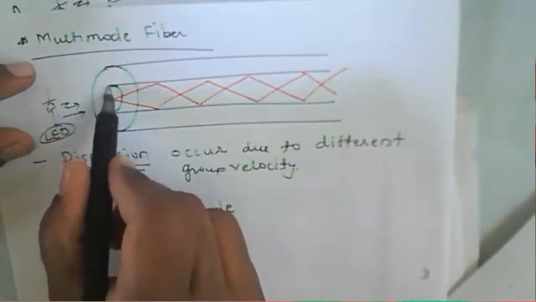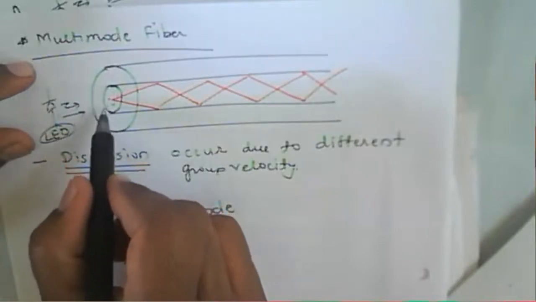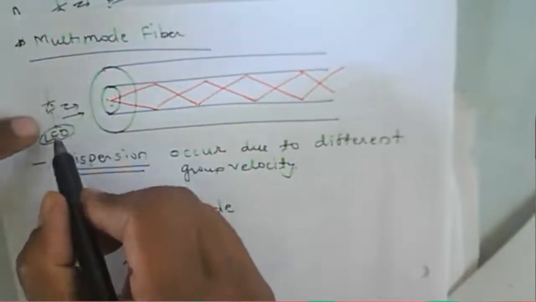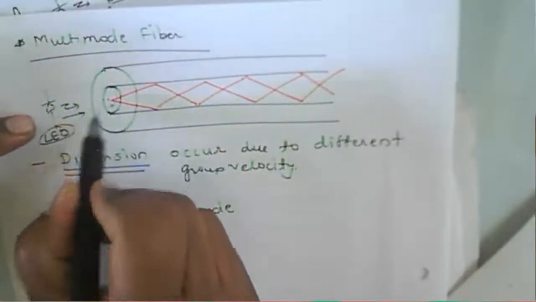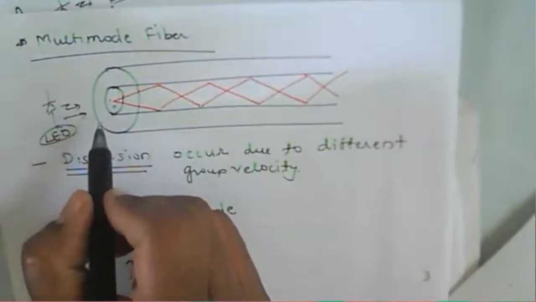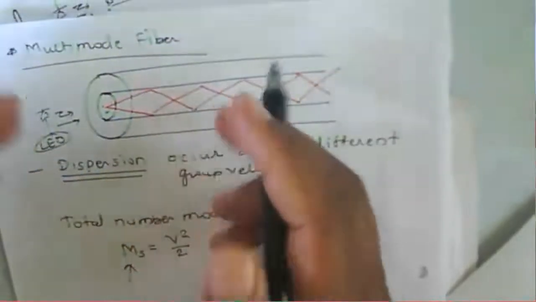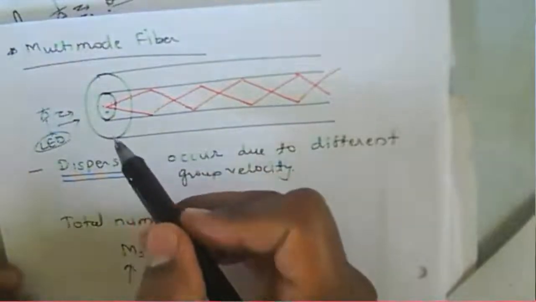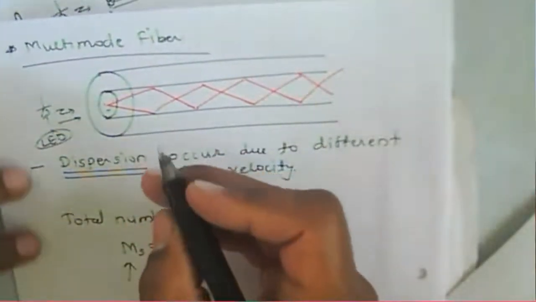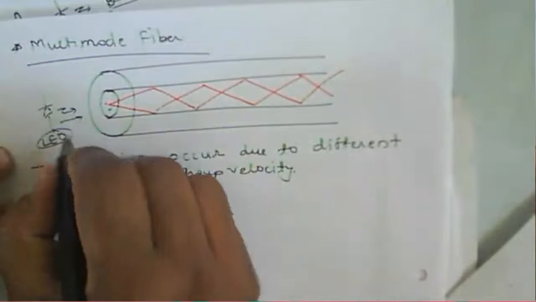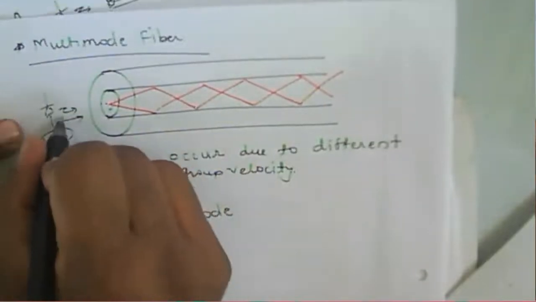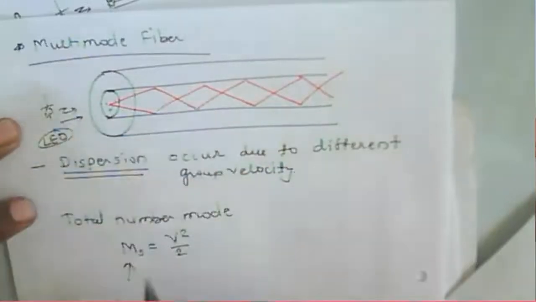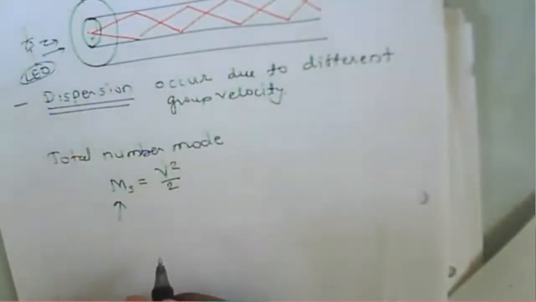But since here there is a large core diameter, mode coupling will be easiest here. Likewise, from the source to the fiber, it has a large acceptance angle. Similarly, mode coupling is very easy if we are using the multimode fiber, and power launching, or light launch, inside this fiber is very easy because of the multimode fiber.